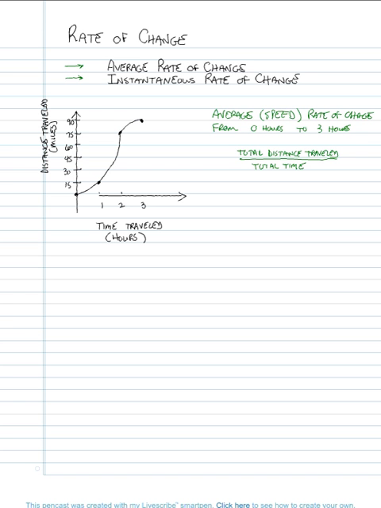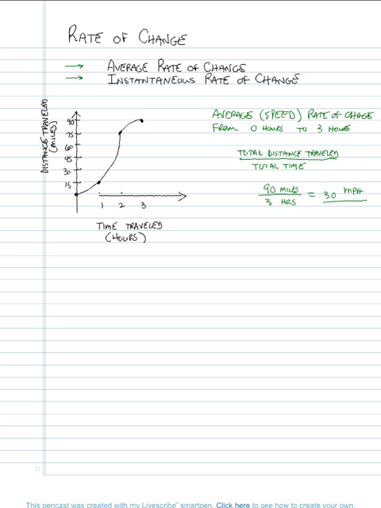In this case, the total distance traveled from 0 hours to 3 hours is 90 miles, and it took 3 hours. So the average would be 30 miles per hour.